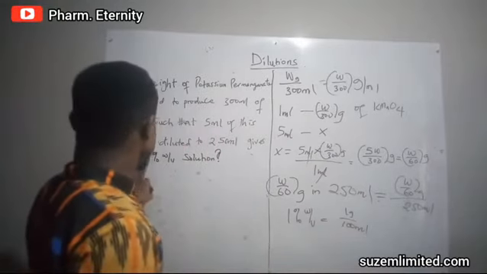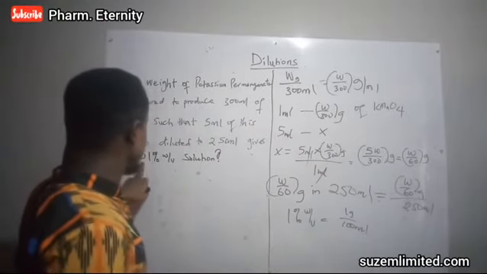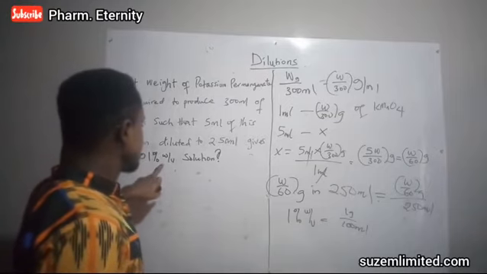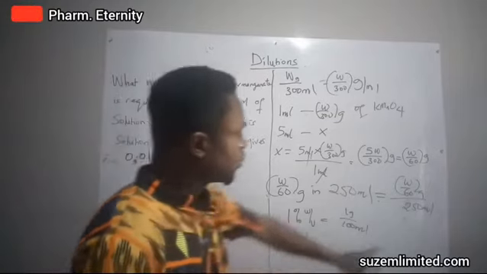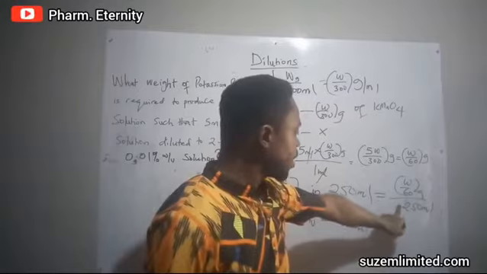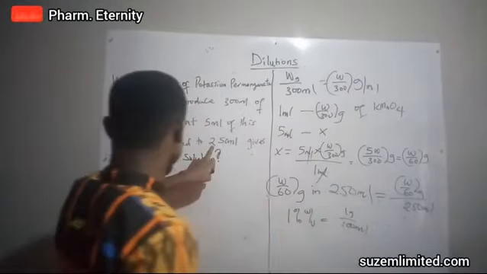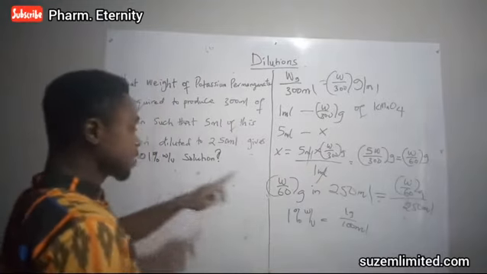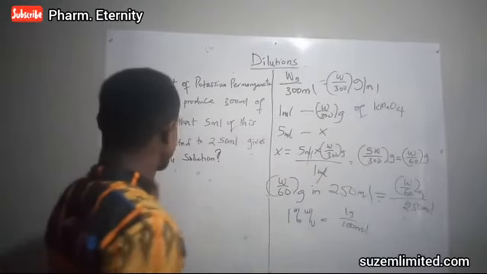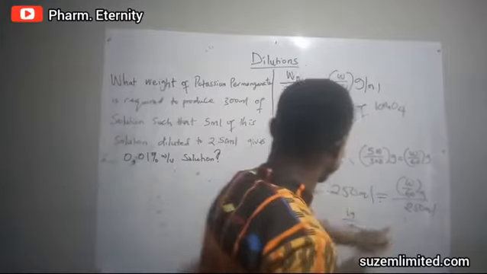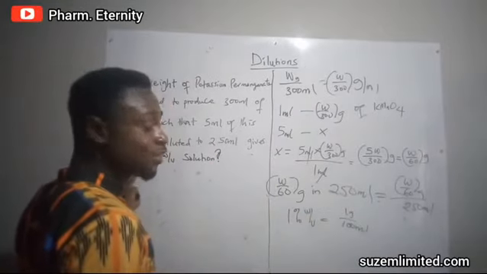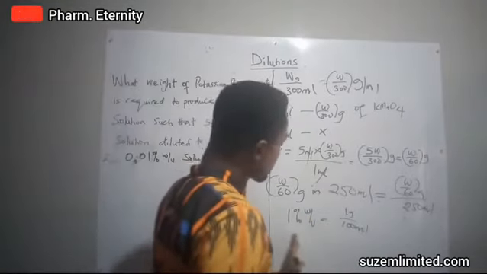Now, let's use this percentage strength and the amount strength of this same solution and set a proportion with this relationship.